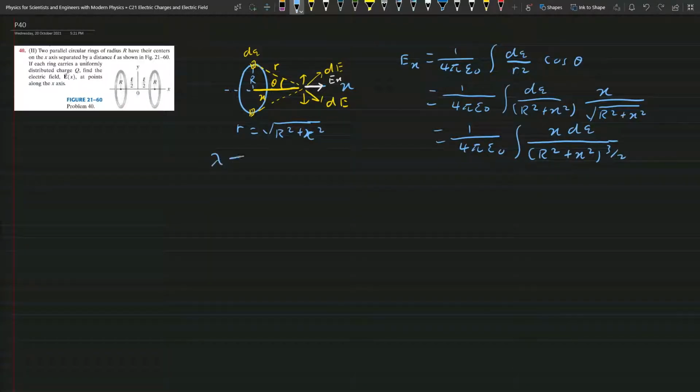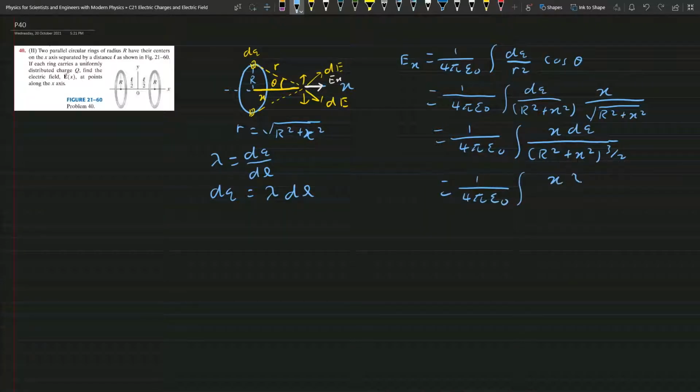Now the charge density lambda is given by dq over dl, so dq is equal to lambda dl. This is x lambda dl over R squared plus x squared.